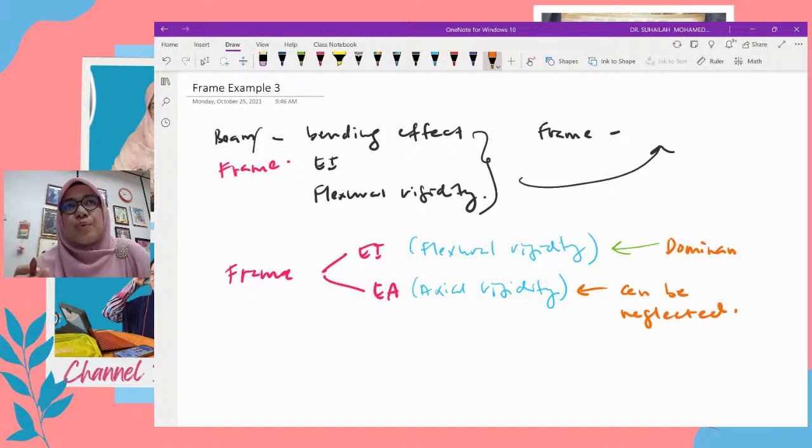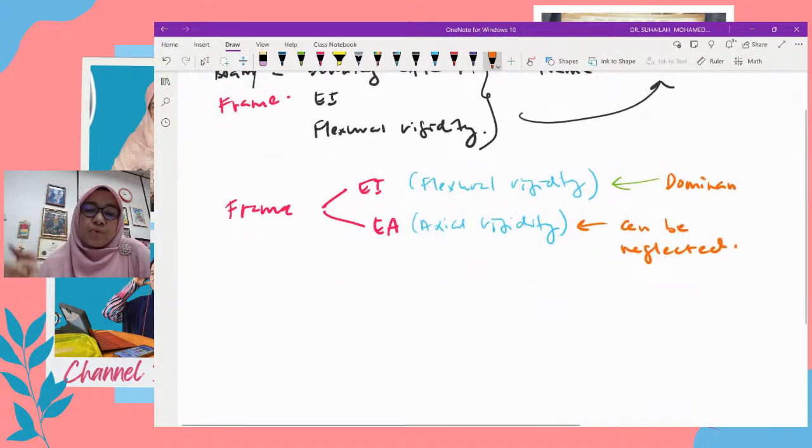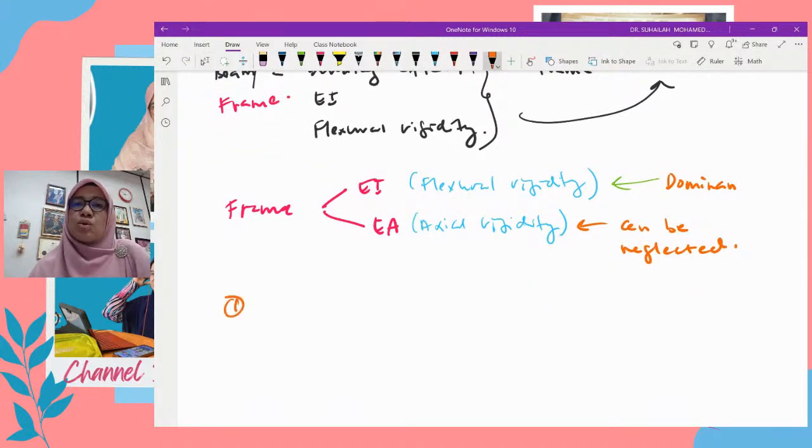Sometimes when we analyze a frame, we have to be able to identify when we need to neglect the EA effect. Basically, number one, whenever there is no information about the cross-section area in the question.